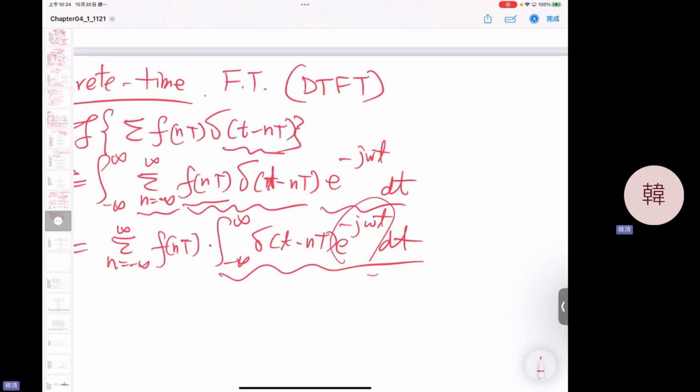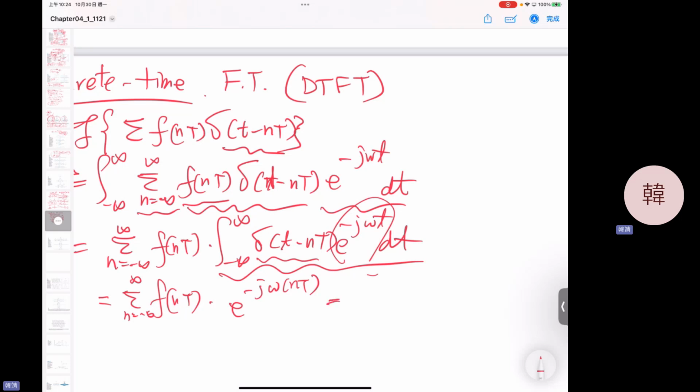Your original signal left with the variable replaced by the location of the impulse function. So the result will become like this. Only this e to the minus j omega t, where the impulse happened. It happened at nT there. The location of nT. Okay, delta of t minus n capital T, which means the impulse exists at the location of n times capital T seconds. Okay, so that's the result.